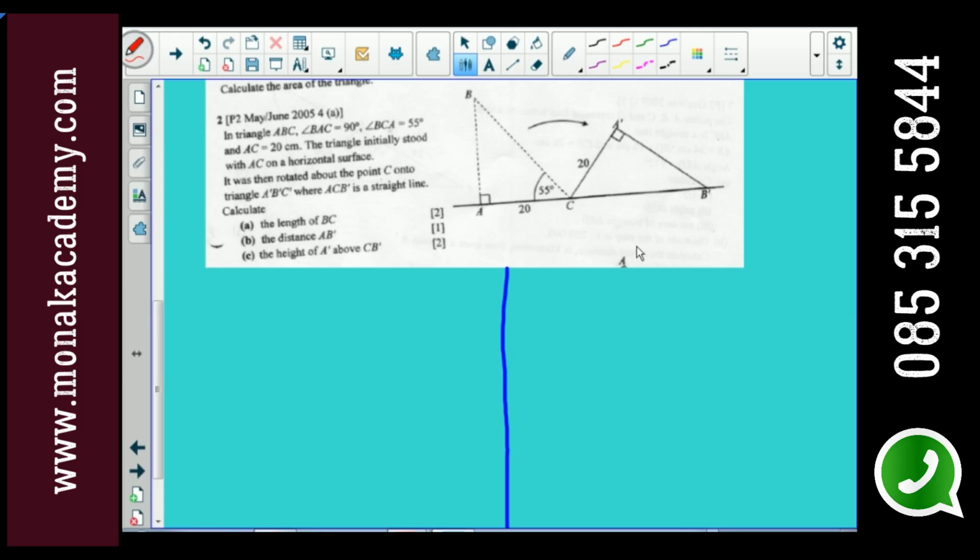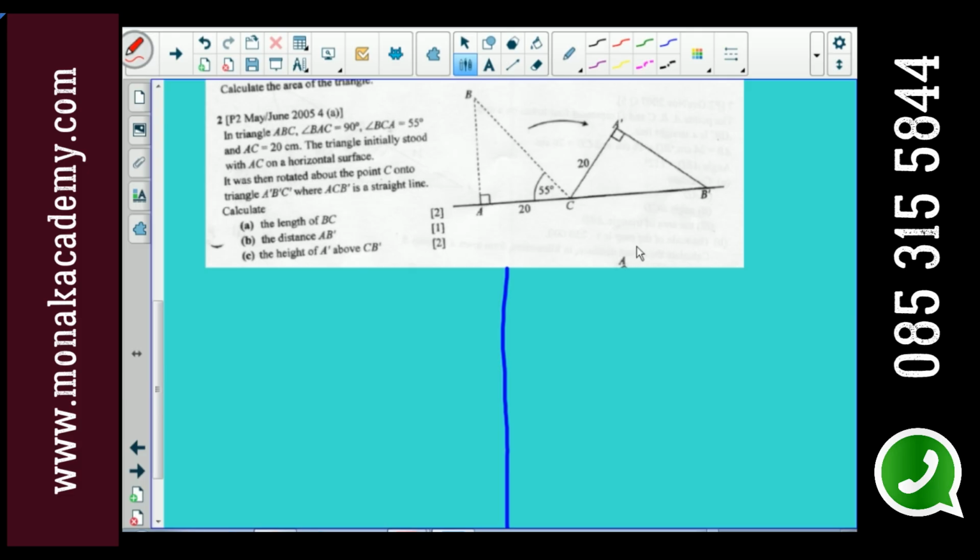And then the triangle initially stood with AC on the horizontal surface. It was then rotated about the point C onto triangle A'B'C' with those funny things, where ACB' is a straight line. This whole thing is a straight line.